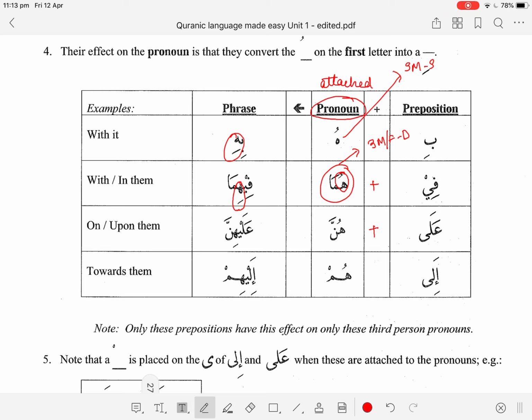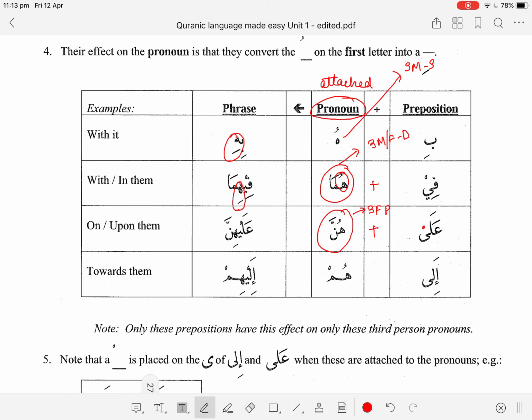Similarly here, if you see, we have ala plus hunna. So if you remember, hu, huma, hunna. So this is third person female plural, right? So ala hunna becomes alayhinna. So two things happen. Initially there is a sukoon here, so alay, the ya is not pronounced here.